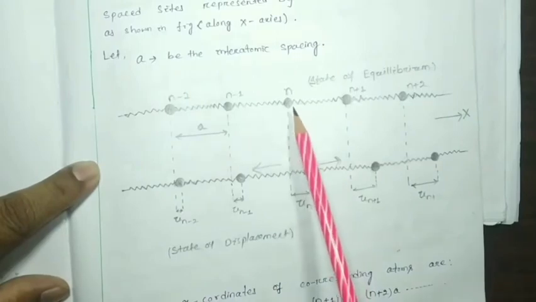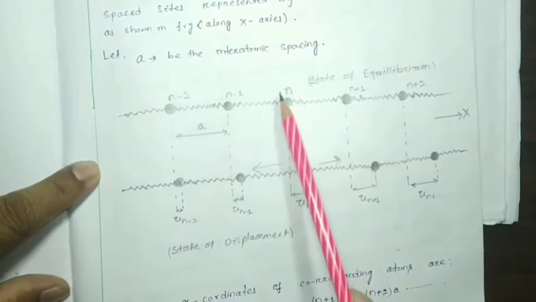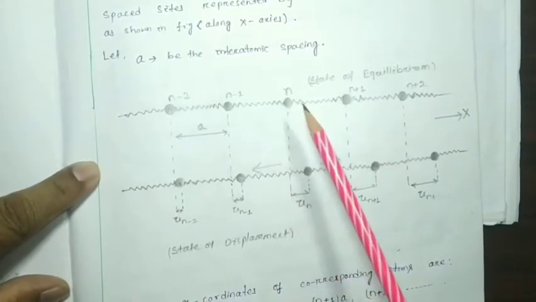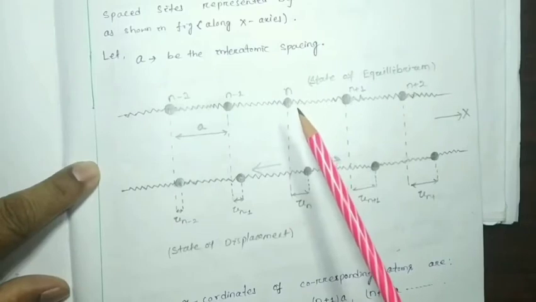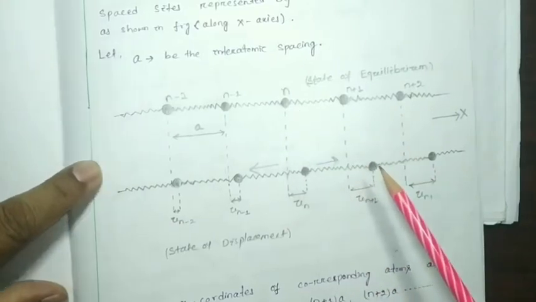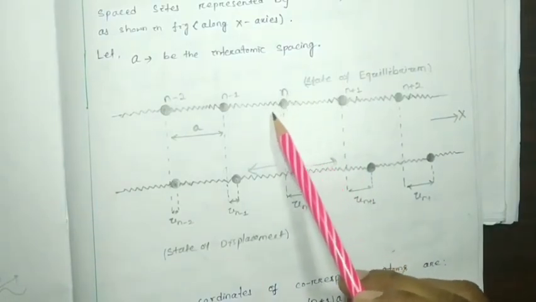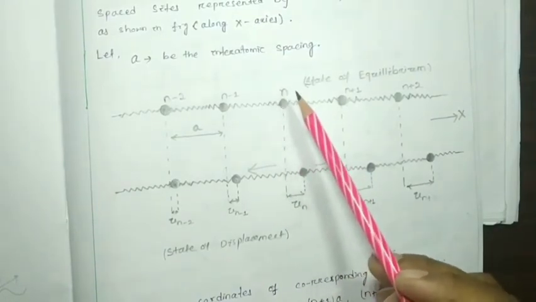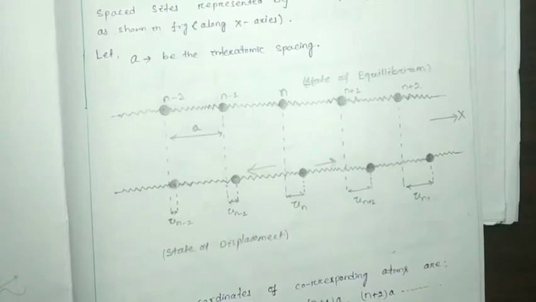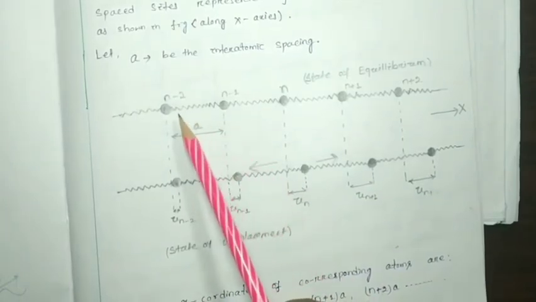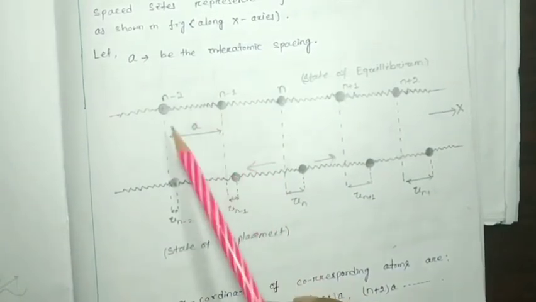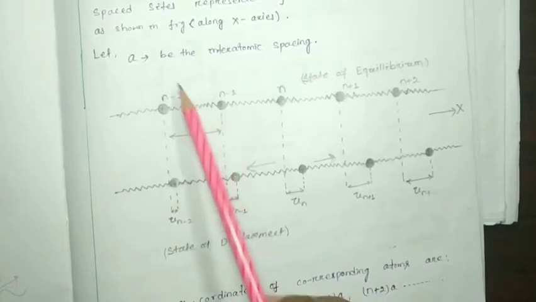That means the nth atom, which has its coordinate on the x-axis, will be displaced by un. This is the nth atom having the coordinate Na, because here we have considered that the interatomic spacing between two atoms is a.